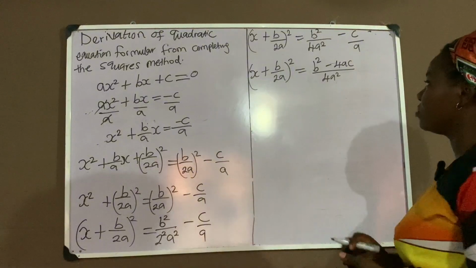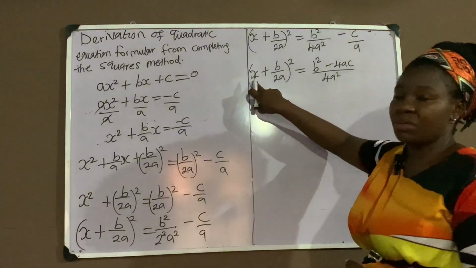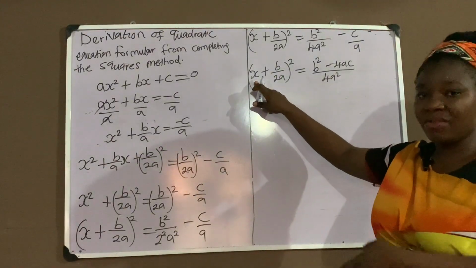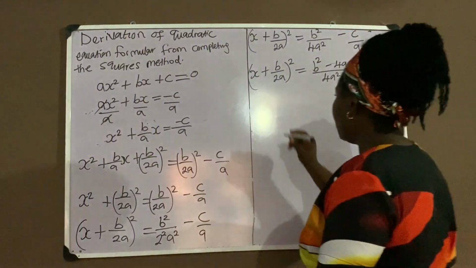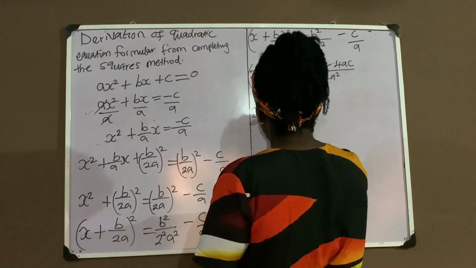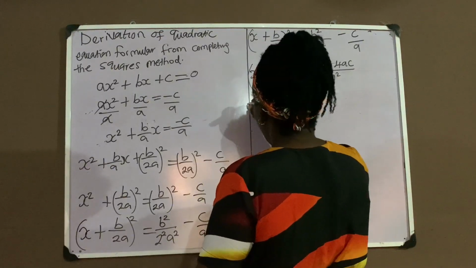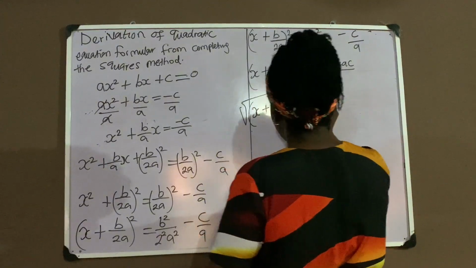Then let's quickly come to this side. Now in this type of mathematics, you simply say take the square root of both sides, because we are trying to make x the subject of the formula, which is the one that will give us the root of the equation. So what we do now is we tell them that x plus b over 2a, then everything is being squared. We are taking the square root of both sides.